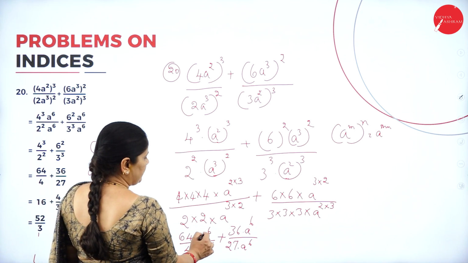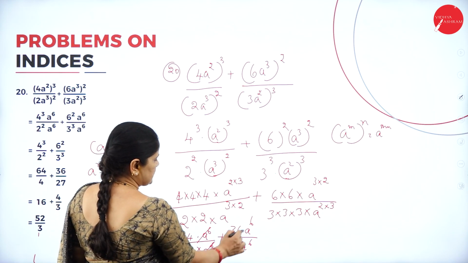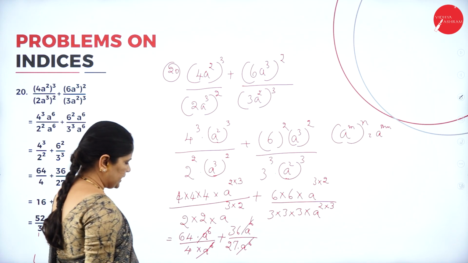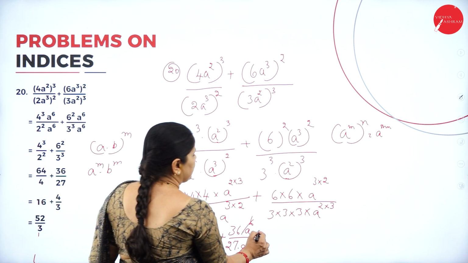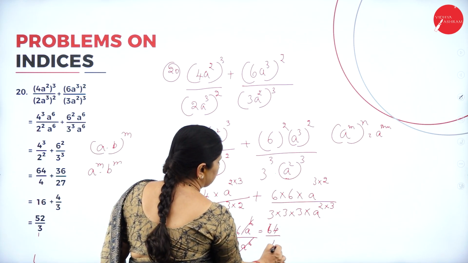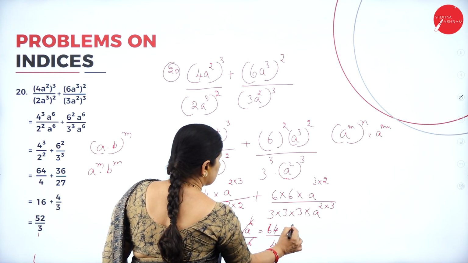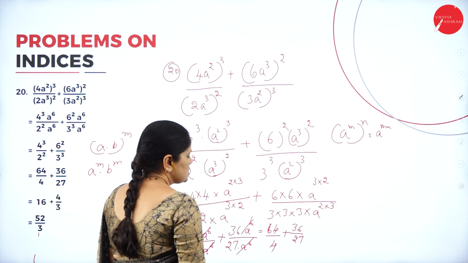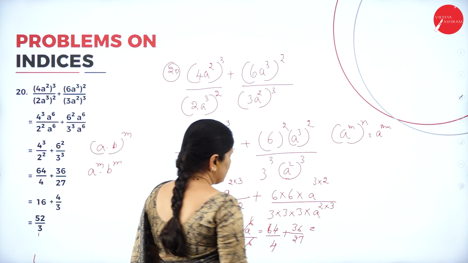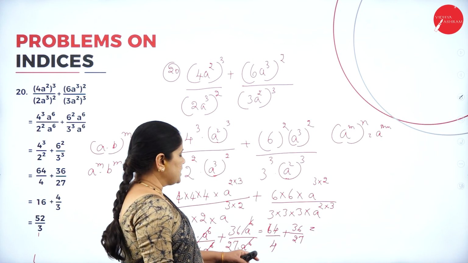Now, a to the power of 6, a to the power of 6 gets cancelled. Here also it gets cancelled. So, 64 divided by 4 plus 36 divided by 27 is remaining. So, when you simplify this, 64 divided by 4 is 16.